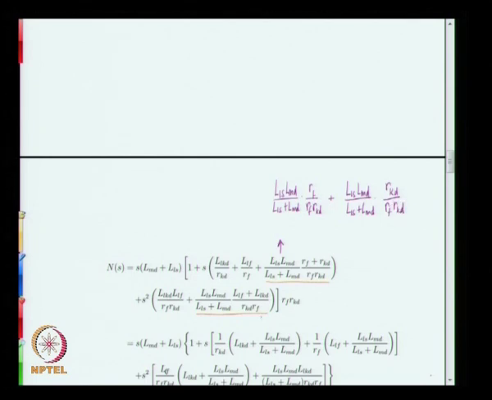And similarly, what is written here can be split as LLS LMD by LLS plus LMD multiplied by LLF by RKD RF plus LLS LMD multiplied by LLKD divided by LLS plus LMD multiplied by RKD RF.